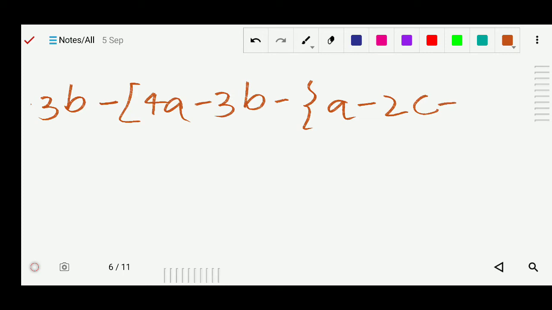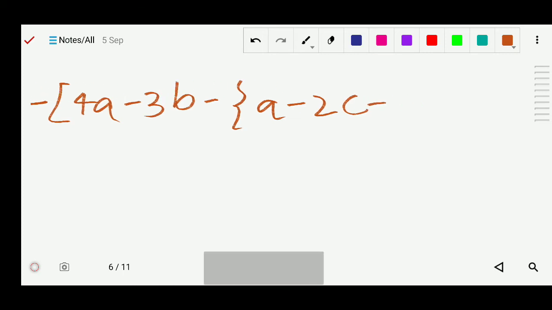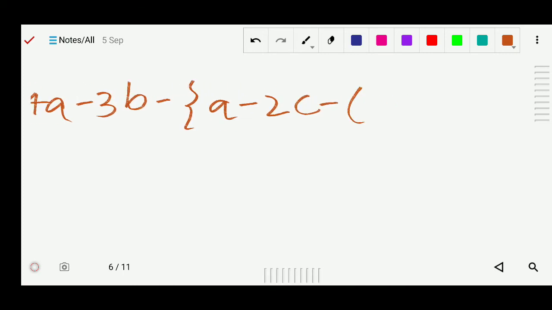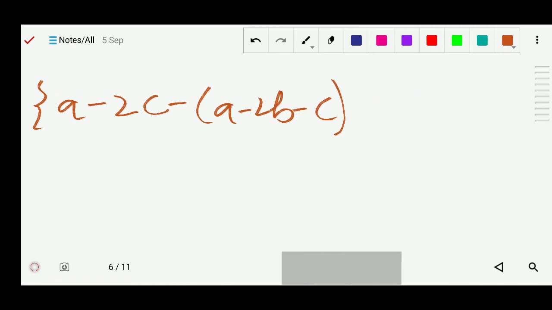Again minus, again one bracket, that is a minus 2b, then minus c, close it, then medium bracket close and the large bracket. There is one more extra bracket there, that is maybe a printing mistake.